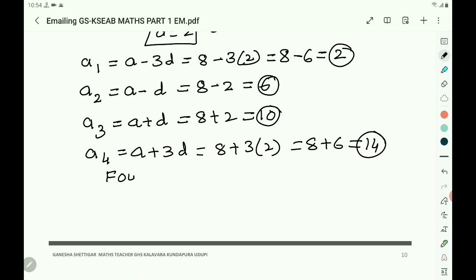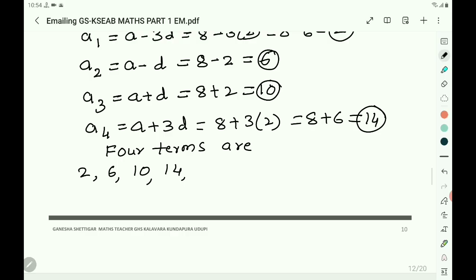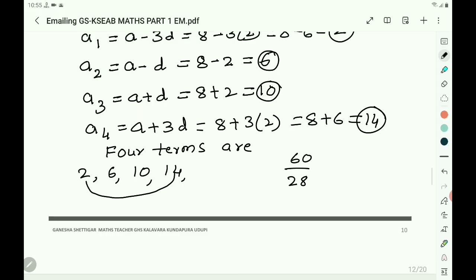Right? The four terms are 2, 6, 10, 14. And here you can observe the product of the first and last term, 2 into 14, is 28, and 6 into 10 is 60. The ratio is 28 by 60.